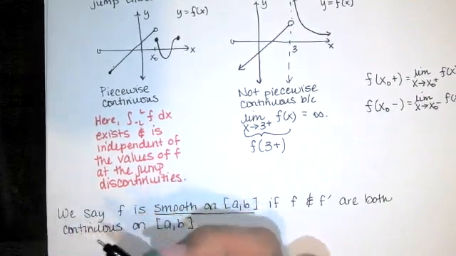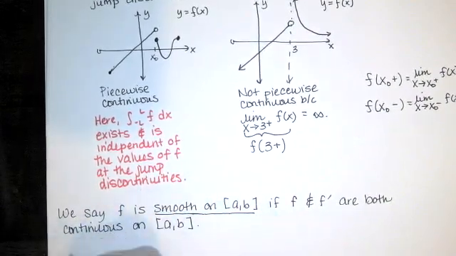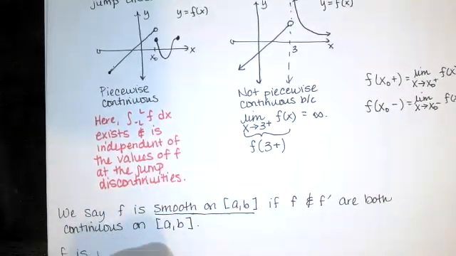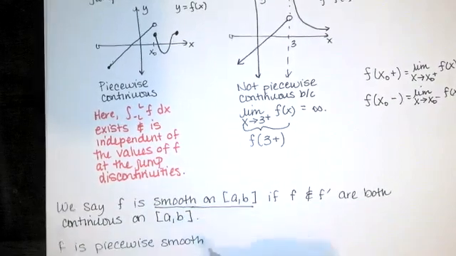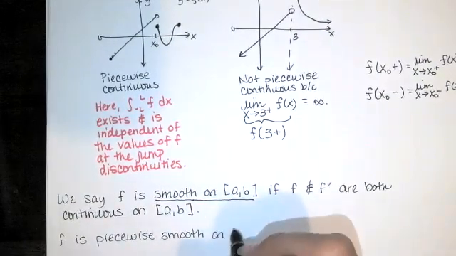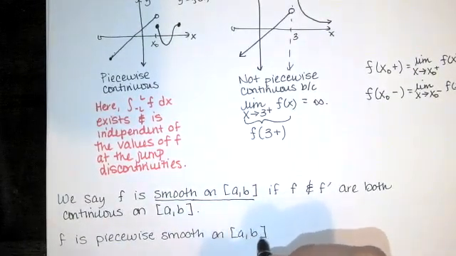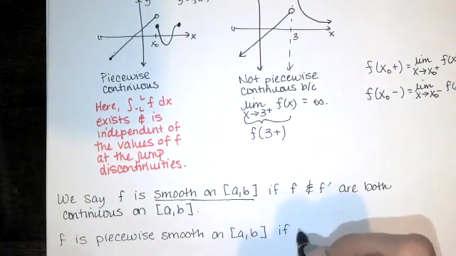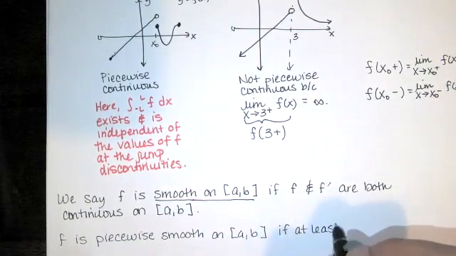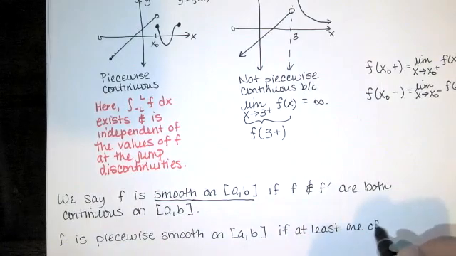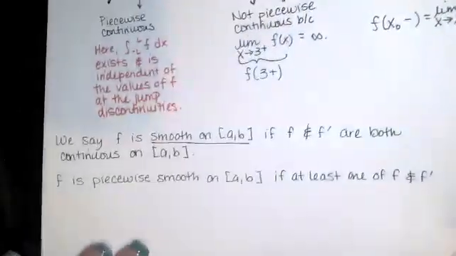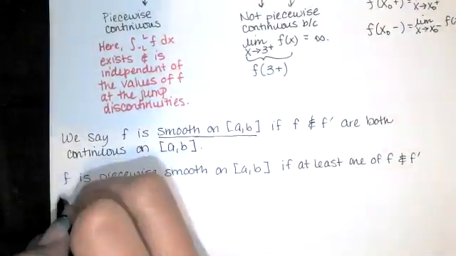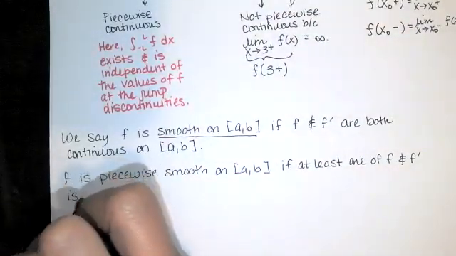Now we talk about a function being piecewise smooth on that interval from a to b if at least one of f and f prime is piecewise continuous on the interval from a to b.